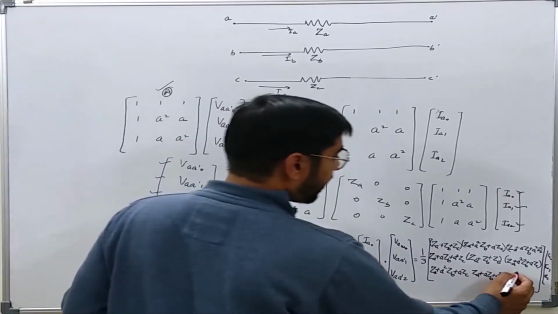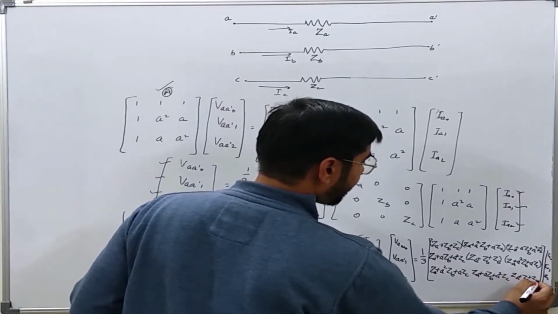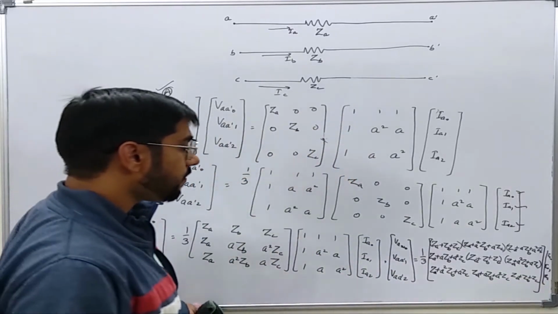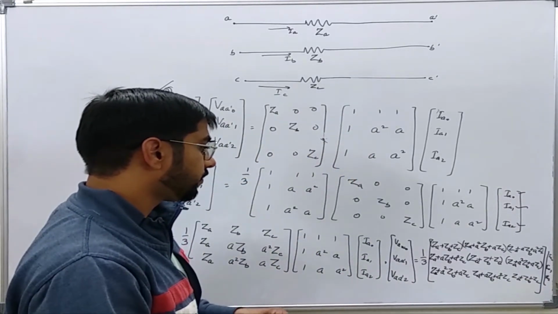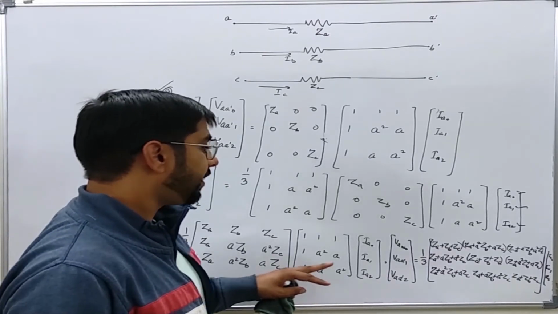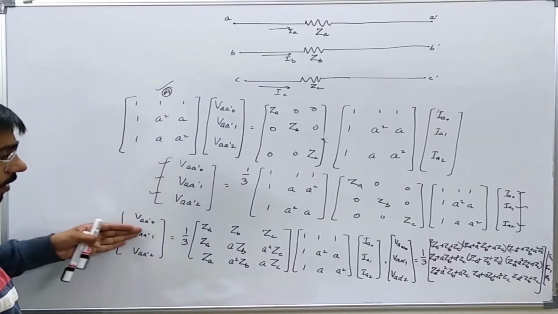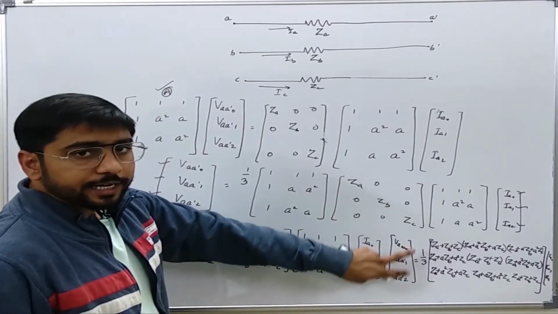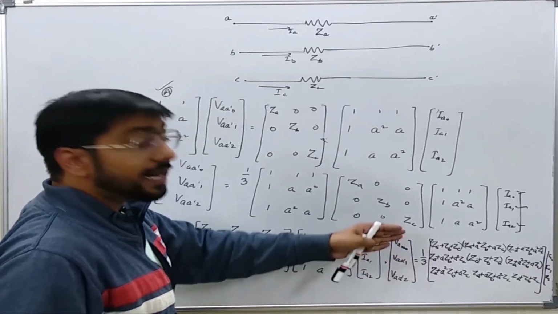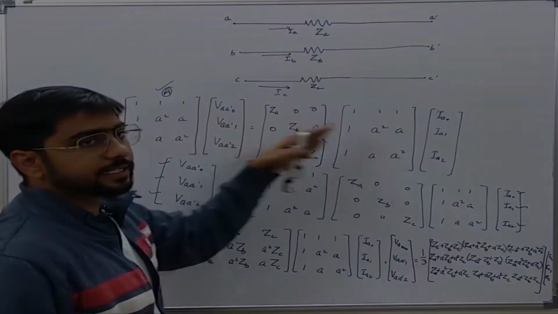Okay, and it is equal to ZA plus ZB plus ZC. Now let us see how to solve or analyze this equation further, that we will see in the next slide after erasing this.